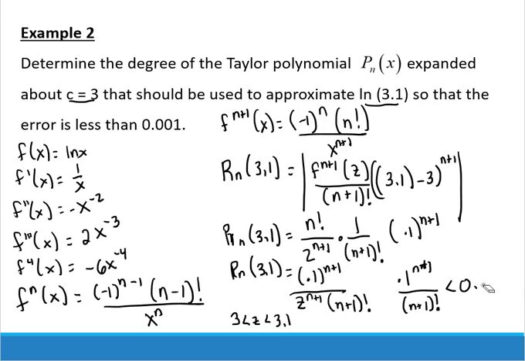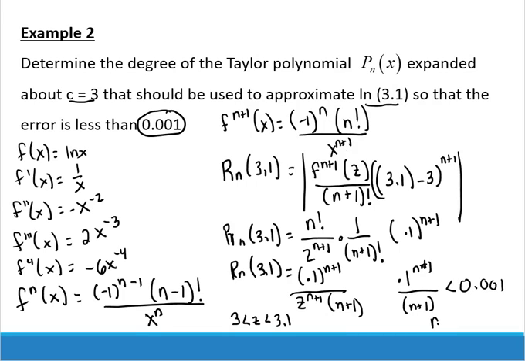So what I did in my calculator is I just went through and I guessed and checked, and I started plugging in 1 for n, and then I plugged in 2 for n. And I'm noticing, looking at my work here, I shouldn't have those exclamation points there. So again, I plugged in 1, I plugged in 2, and it worked out at 2, this value was less than that. So let me do a quick recap.